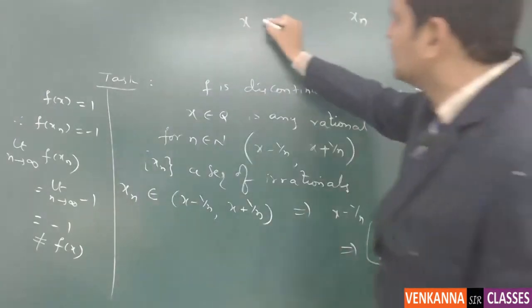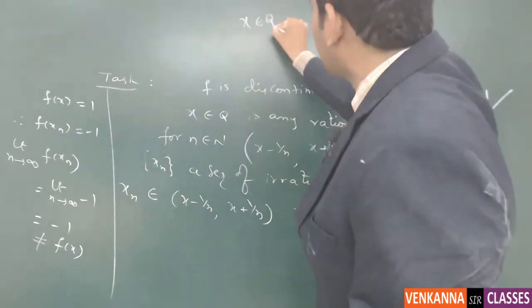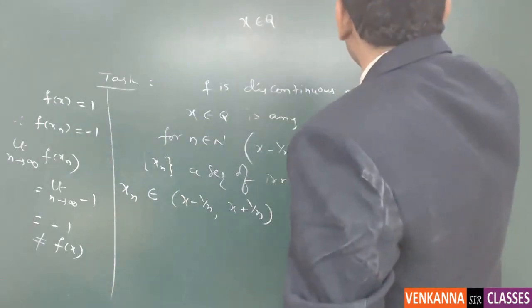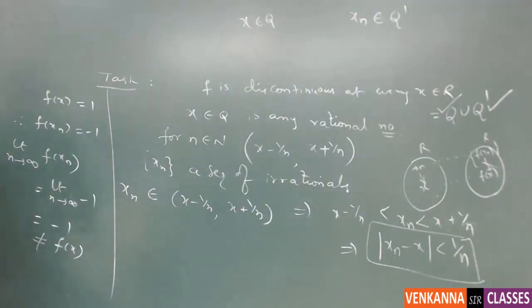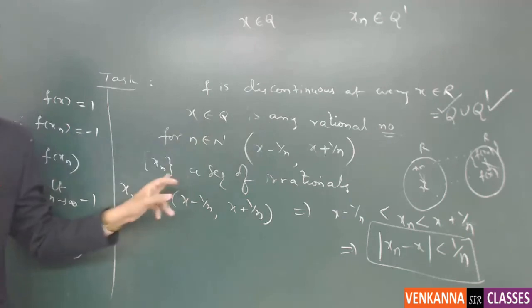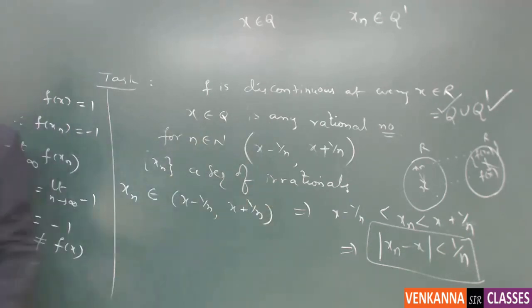You have taken that x is rational, xn is irrational. Am I correct? x is a rational number, xn is an irrational number. Yes or no? x is any rational number, xn is a sequence of irrationals.